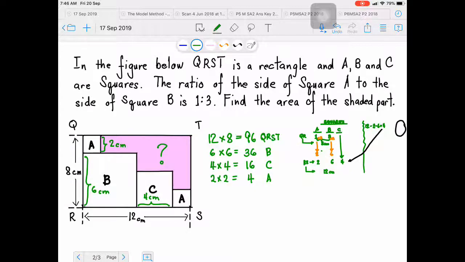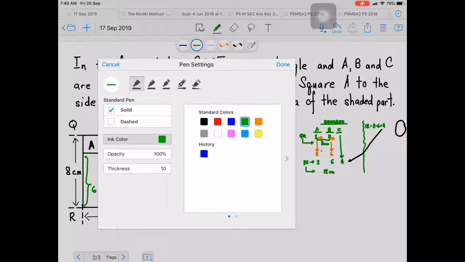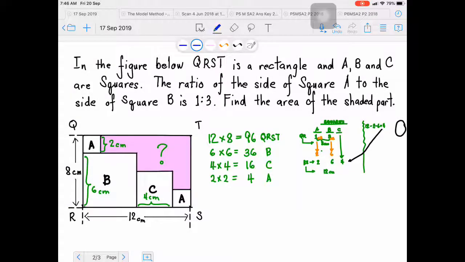Now let's remove the areas of square A, B, and C from the area of the rectangle, which is 96 square centimeters.